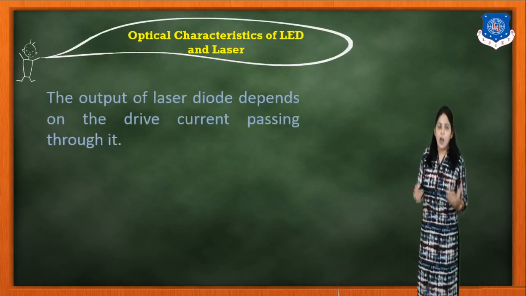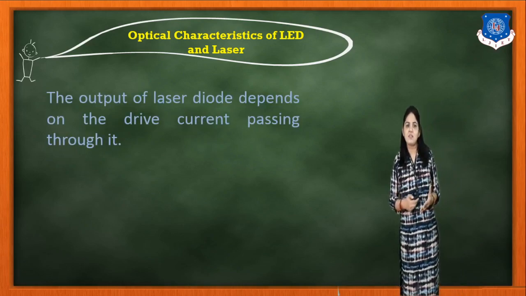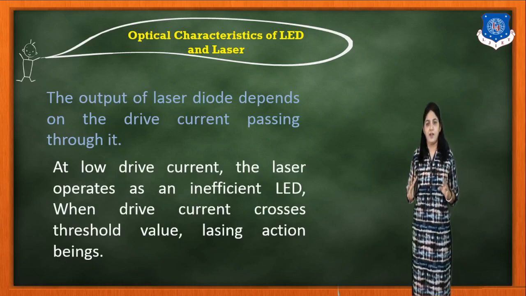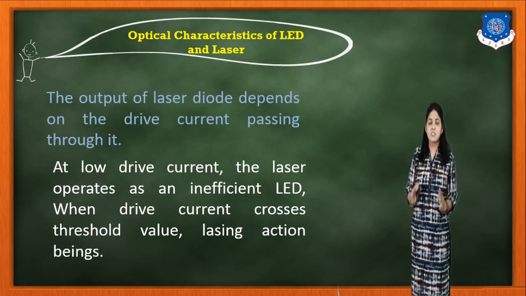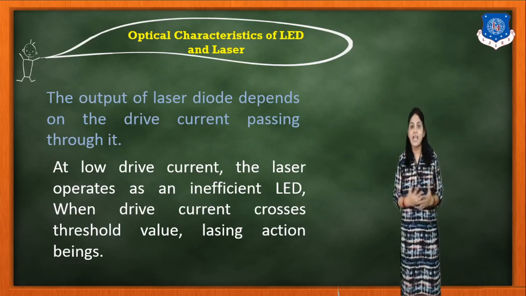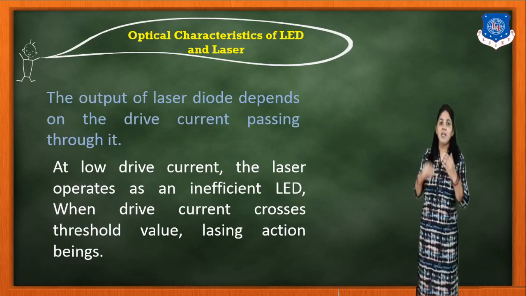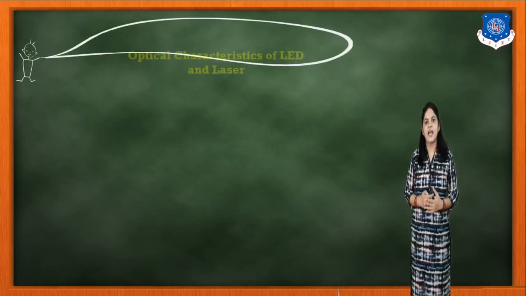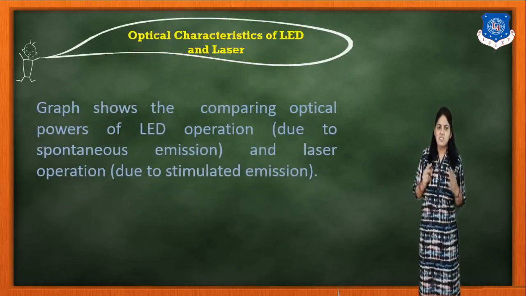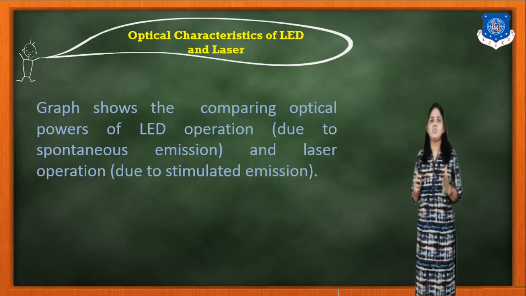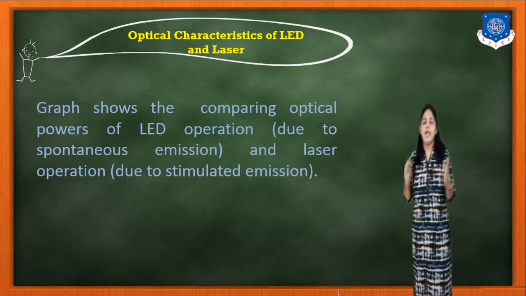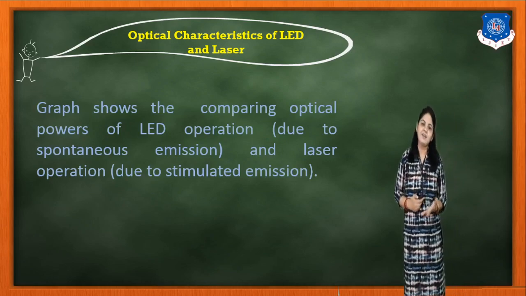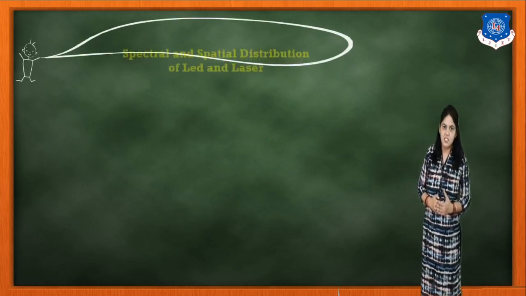The output of the laser diode depends on the drive current passing through it, and at low drive current the laser operates as an inefficient LED. But when the driving current crosses the threshold value, lasing action begins. So this graph shows the comparison between the optical power of LED operation, due to spontaneous emission, and laser operation, due to stimulated emission.